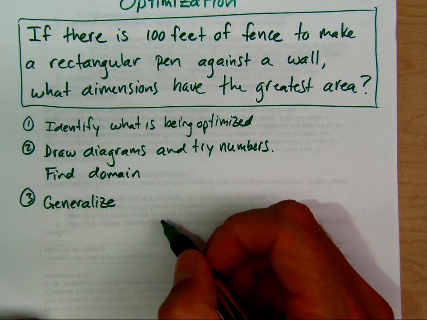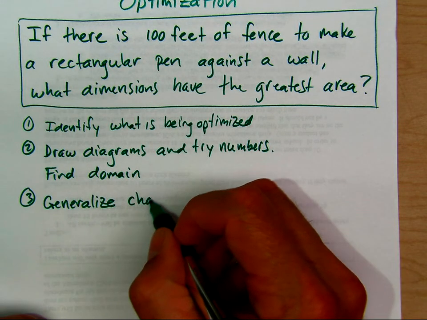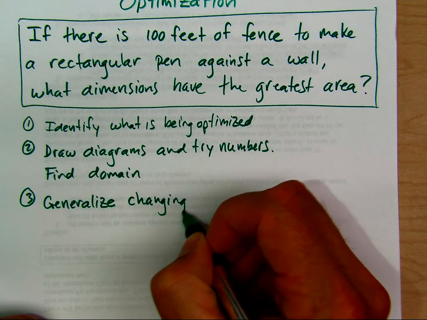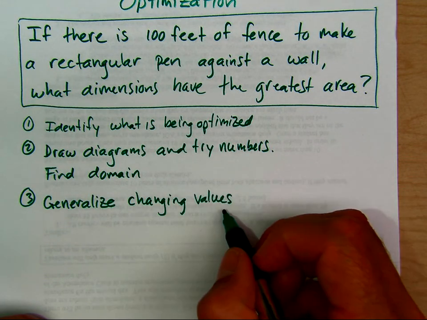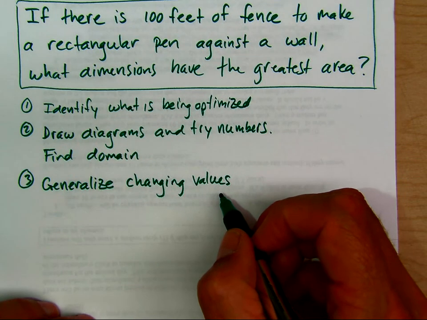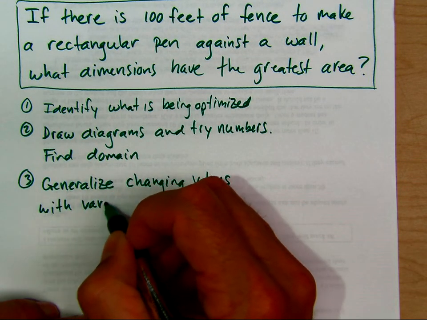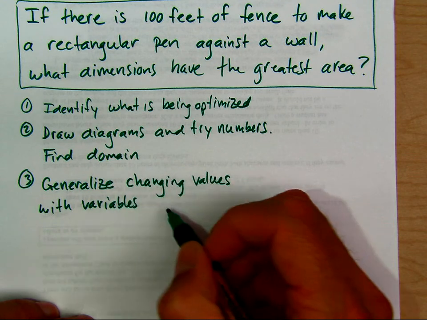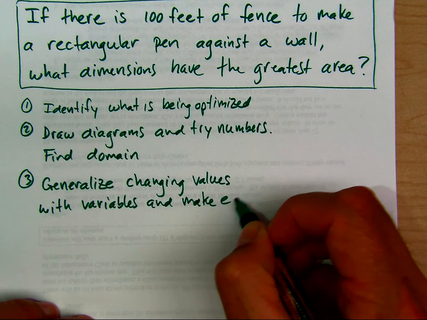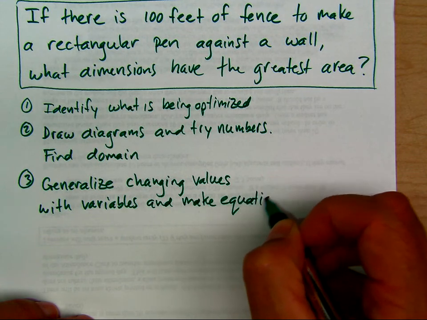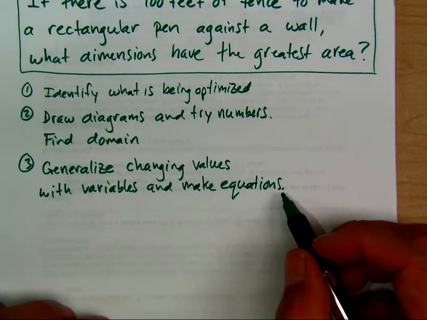And then we generalize whatever numbers we're changing. We're going to generalize the changing values with variables and make equations.